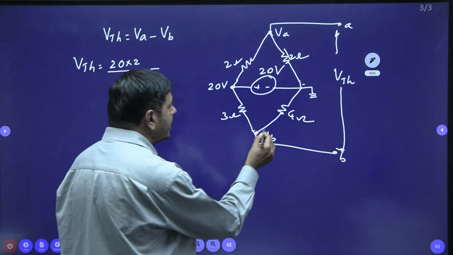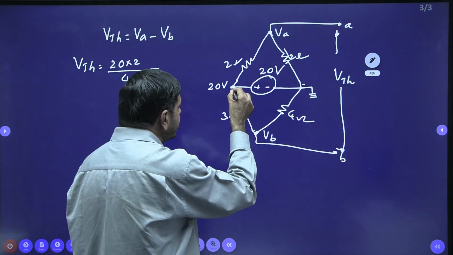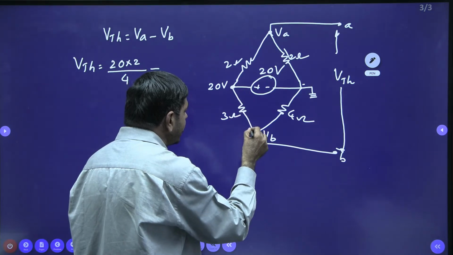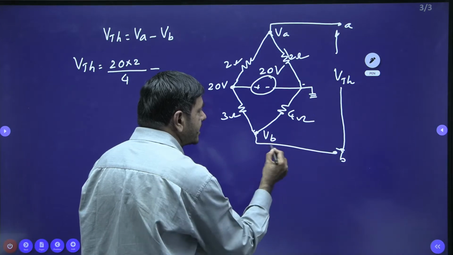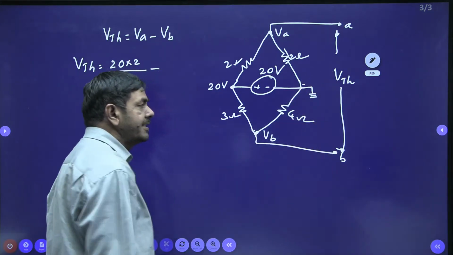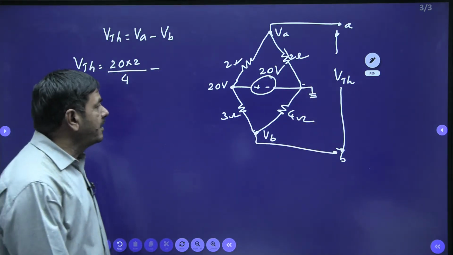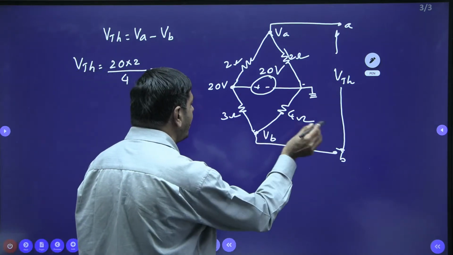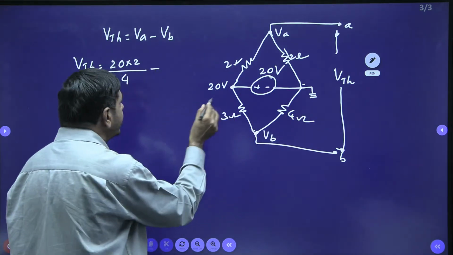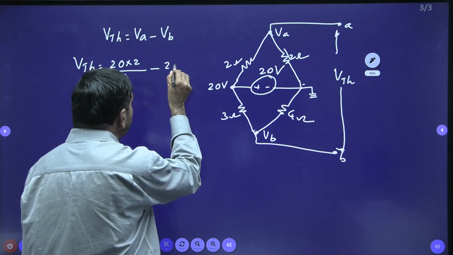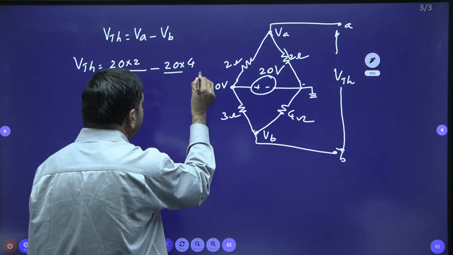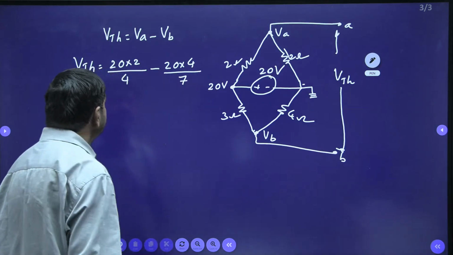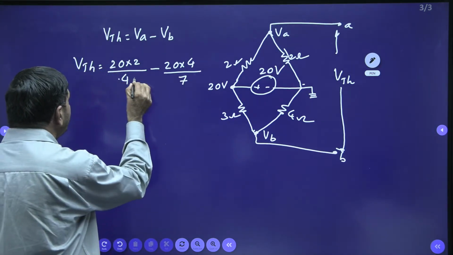VB is the voltage across 4 ohms: because of the 20 volt supply, the current will go and divide across the 4 ohms only. It doesn't flow any current this side because it is an open circuit. So as per the voltage divider formula, I get VB as 20 into the resistance 4 divided by 4 plus 3, that is 7. There I can cancel the 4s.